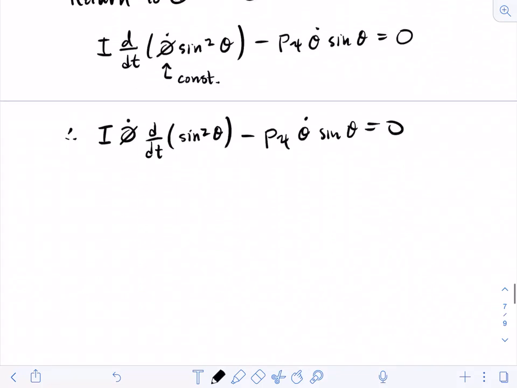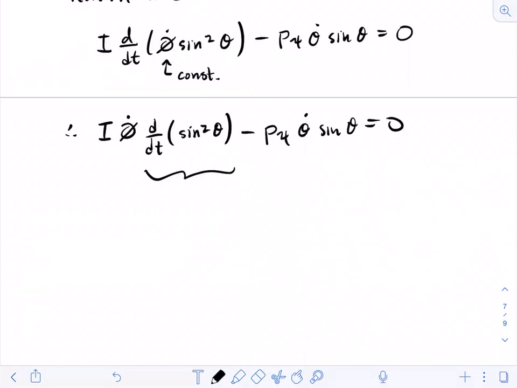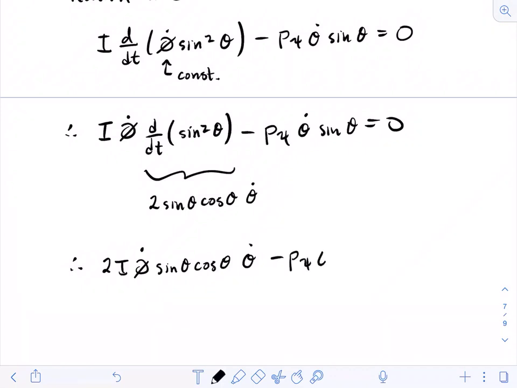Okay, and so now we evaluate this derivative. And so we would get 2 sine theta cos theta theta dot if we do all of our chain rules properly. Okay, so what do we have then? We have 2I phi dot sine theta cos theta theta dot minus p phi theta dot sine theta is equal to 0.